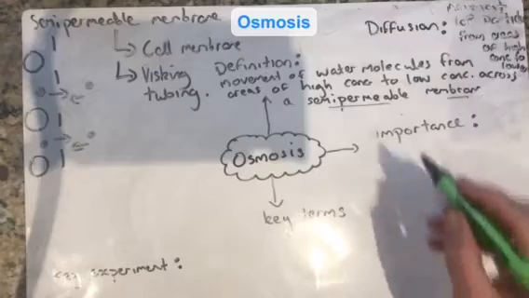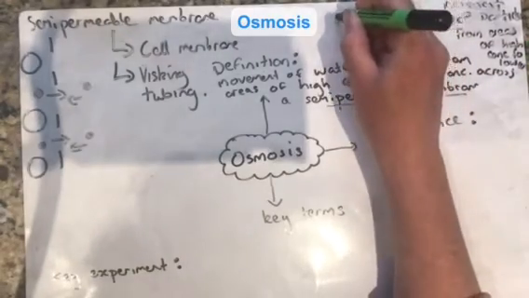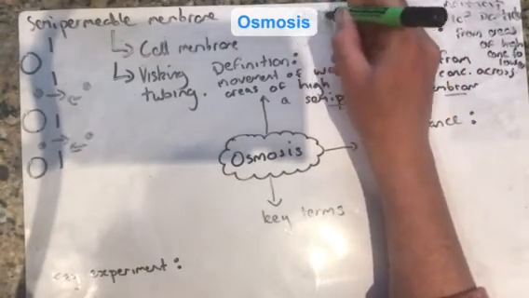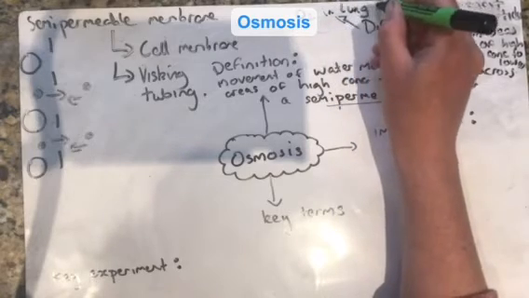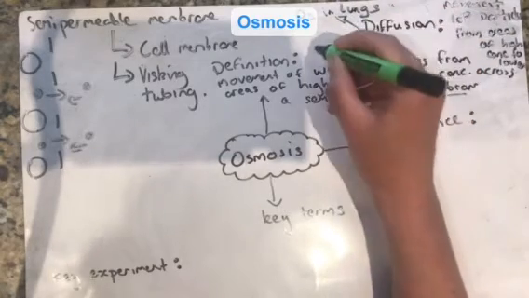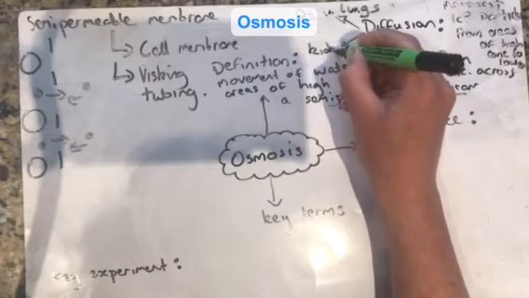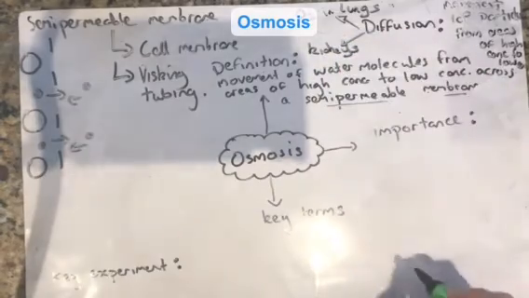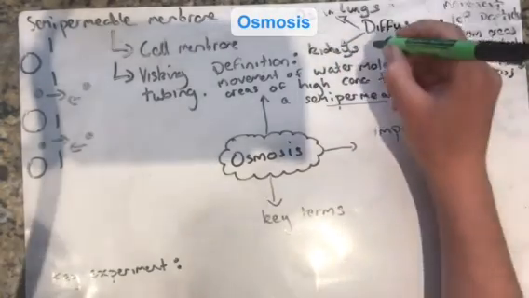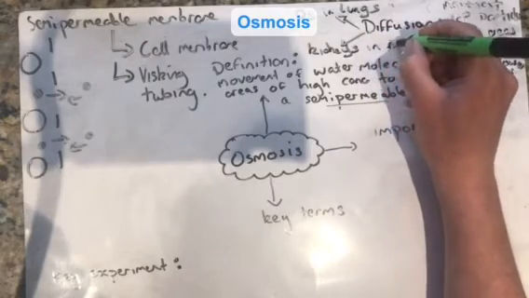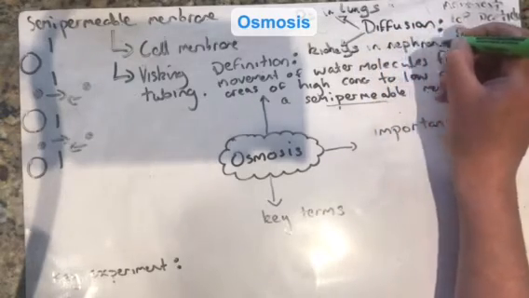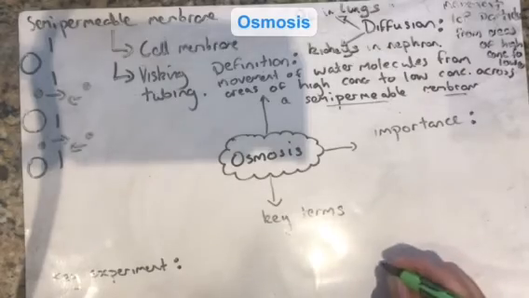Now, in terms of diffusion, girls, examples in our body of diffusion is O2 in the lungs. Okay, also we see it in kidneys. Okay, we see diffusion of certain substances in the nephron. We also see what's called active transport, okay? I'll just write that down here.